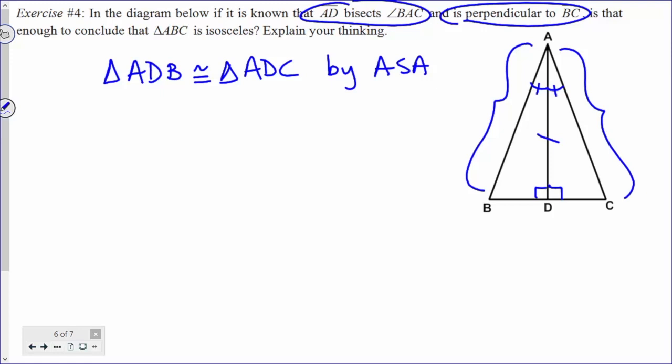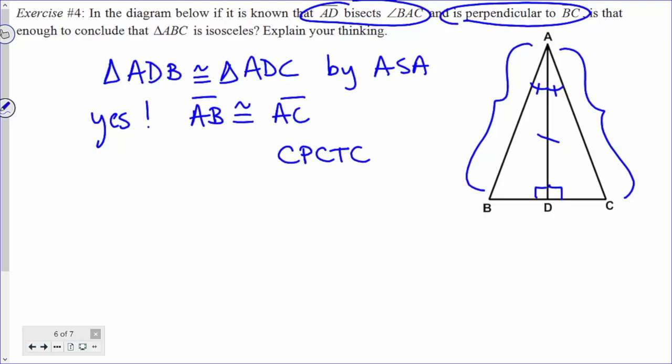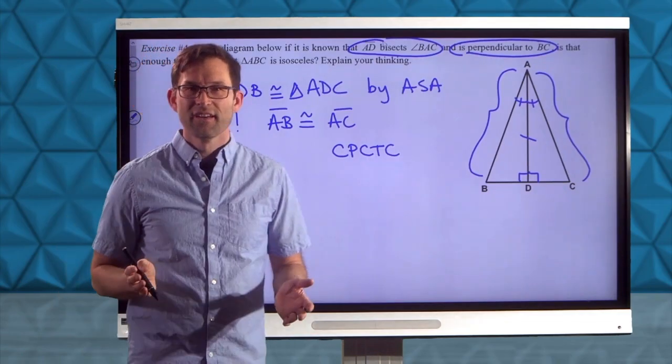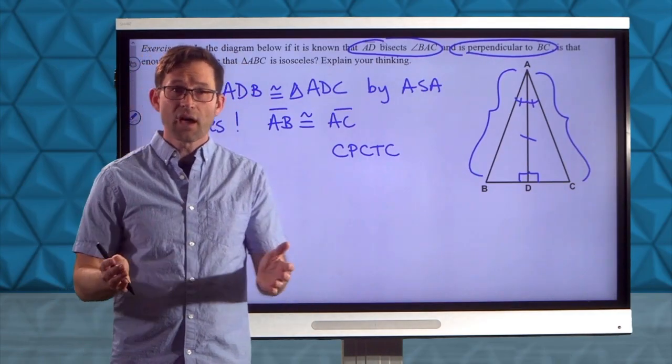And the answer is absolutely yes, right? We do have enough information because AB must be congruent, or the same length as AC, because they are corresponding parts of congruent triangles, and therefore they are congruent, right? We have enough.